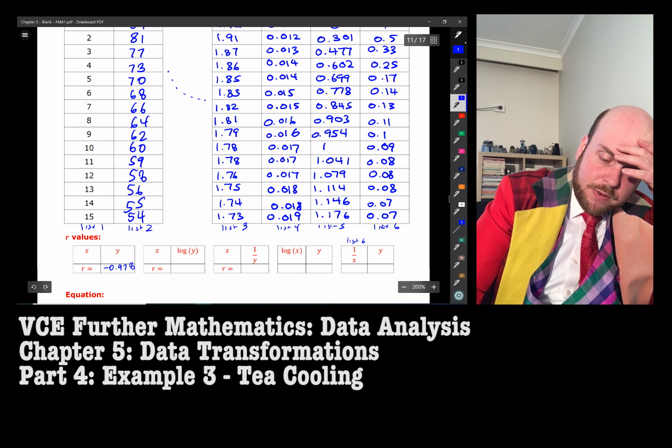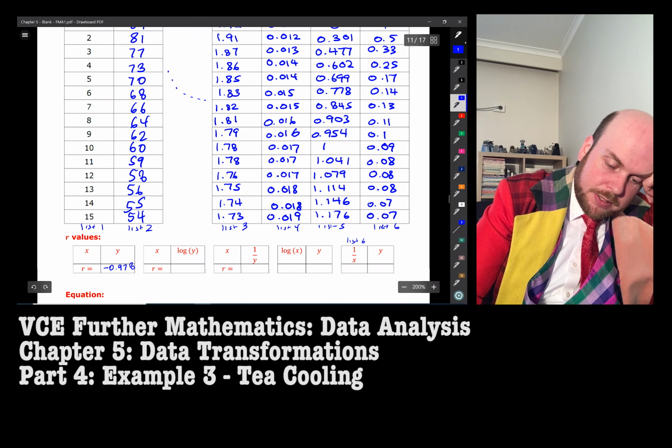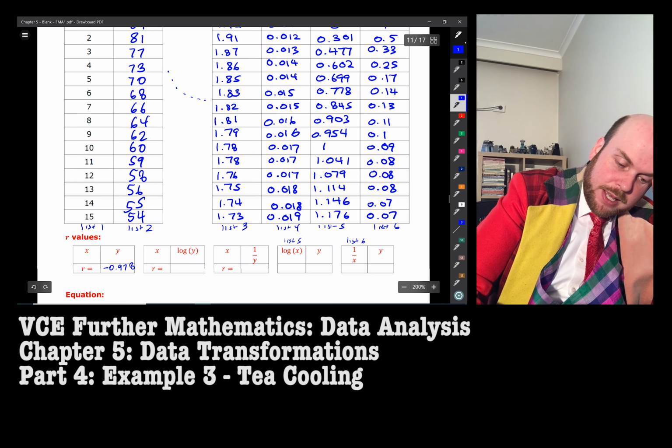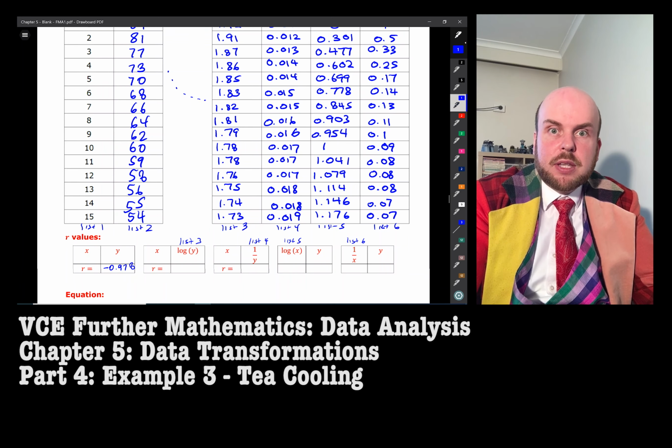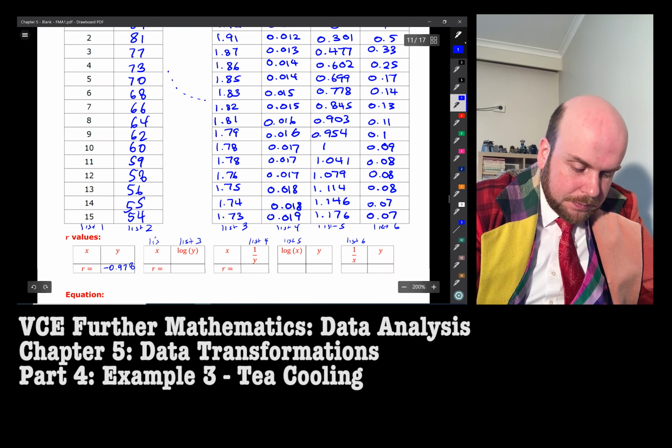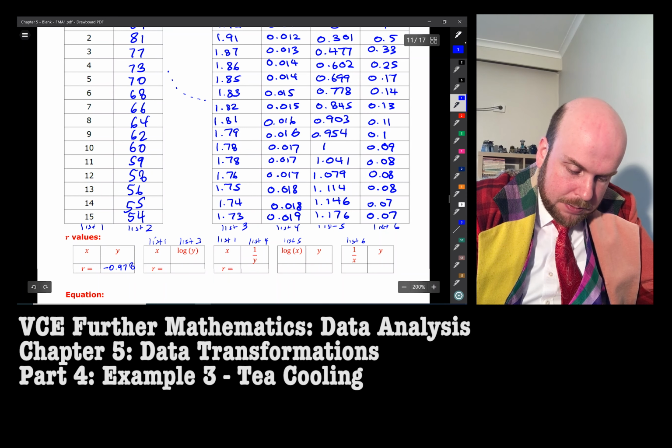So 1 over x was list 6, log x was list 5, 1 over y was list 4, log y was list 3. I find this is useful to write down to make sure that we get the right lists in. So x is list 1, x is list 1, y is list 2, and y is list 2.